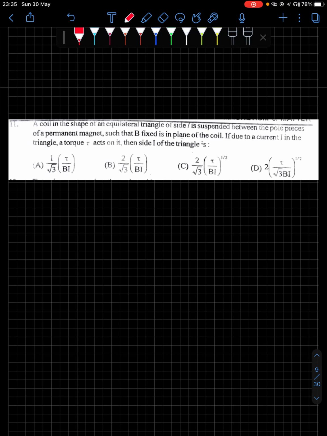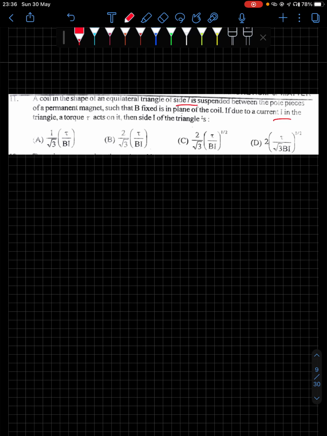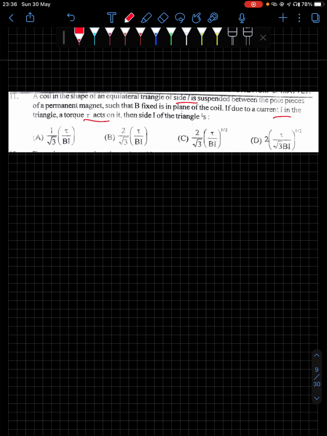Next, number 11. A coil in the shape of an equilateral triangle of side L is suspended between pole pieces of a permanent magnet such that B is fixed in the plane of the coil. Okay, so B is fixed in the plane of the coil. Now, if due to a current I in the triangle, a torque tau acts on it, then side L of the triangle is what?